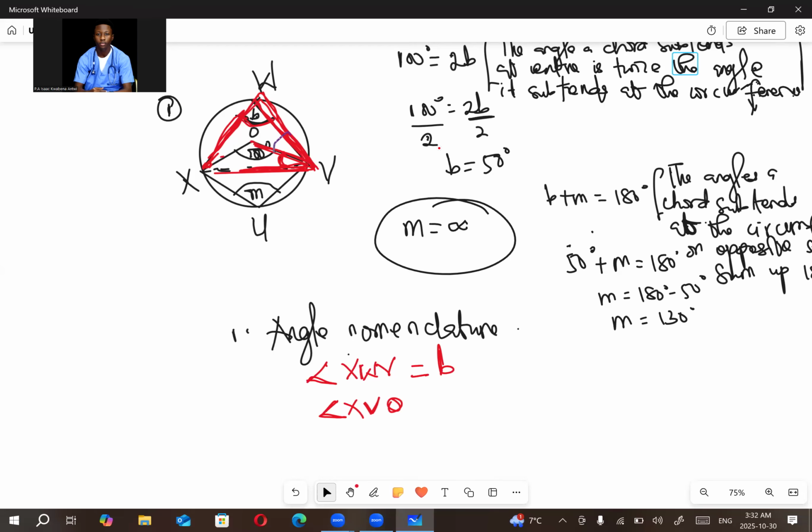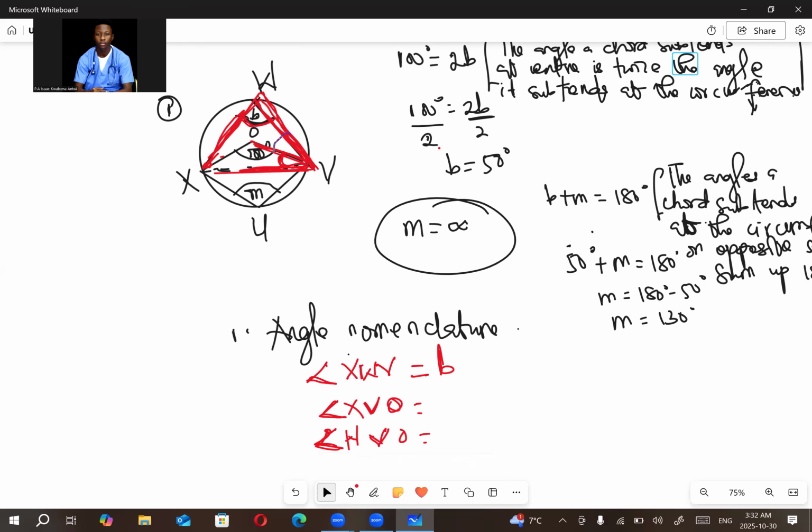WVO. Yep. So that angle is at V. Good. And when you trace to their feet it is W and what? O. Don't forget to bring this symbol to represent angle. If you don't do that, it's wrong.